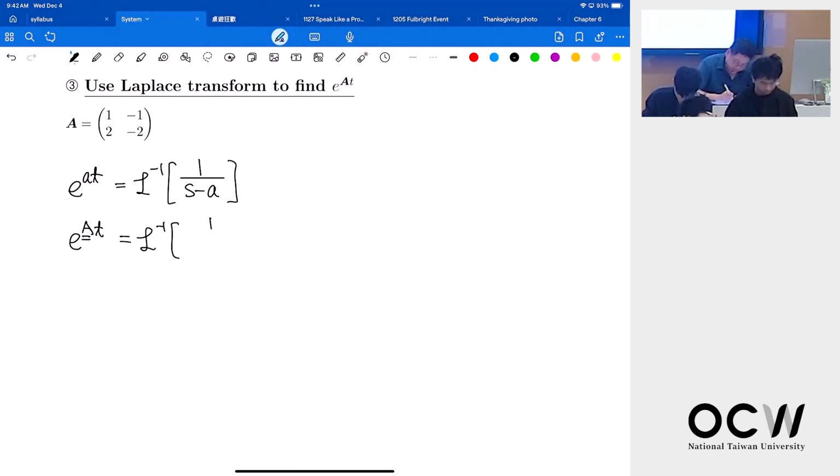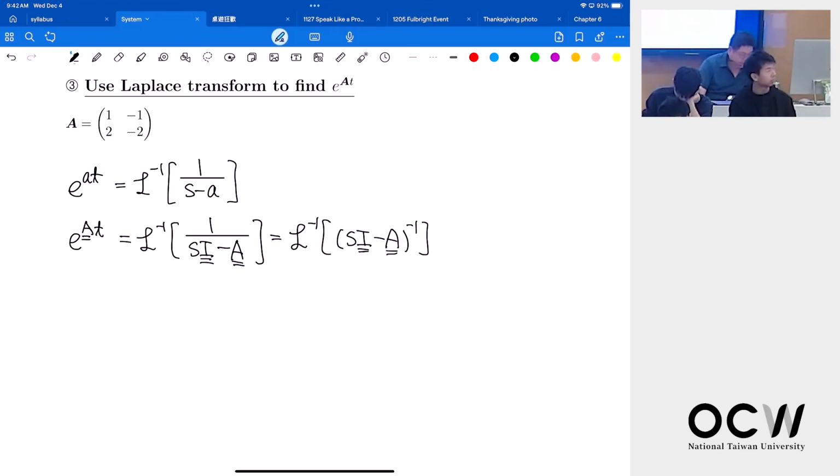Since it is a matrix, my s should be times the identity matrix minus A, and you can write it as the inverse of the quantity s times identity matrix minus A.